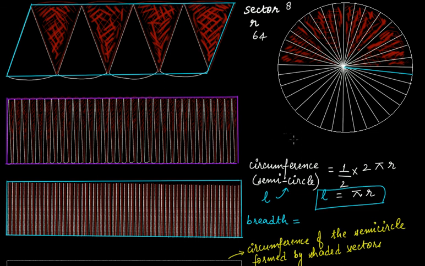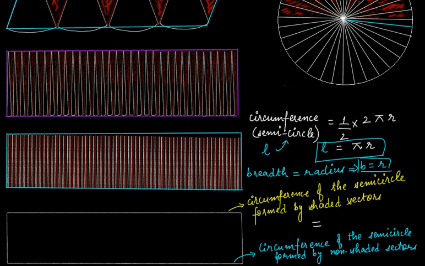The straight line that is representing the breadth is the radius. Therefore, if the radius is r, breadth becomes r.